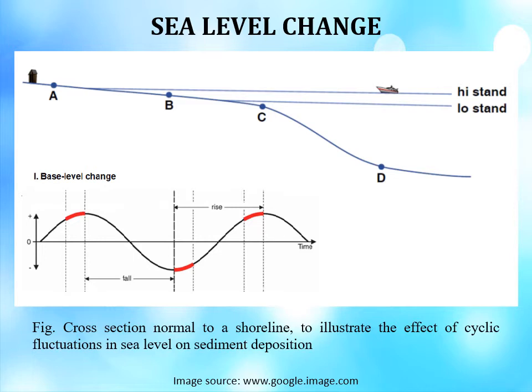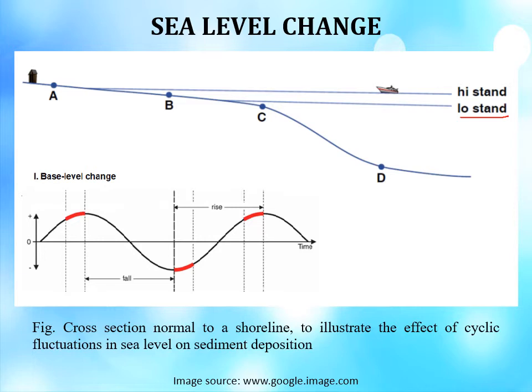In any area, suppose in area B, which is an intermediate portion between the higher sea level, which is known as high stand, that is when the mean sea level is higher than the normal present day sea level, and sometimes the sea level is lower than the point B, that is the low stand, that is when sea level is lower than the present day sea level.